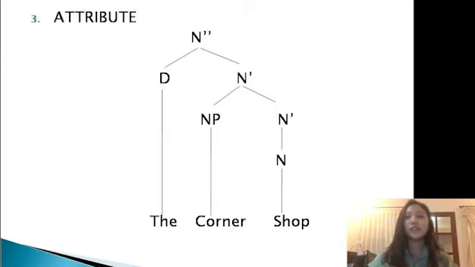So the noun phrase is corner, and the N bar branches into N, which is shop. So the determiner of this phrase is the, the noun phrase is corner, and shop is the noun.